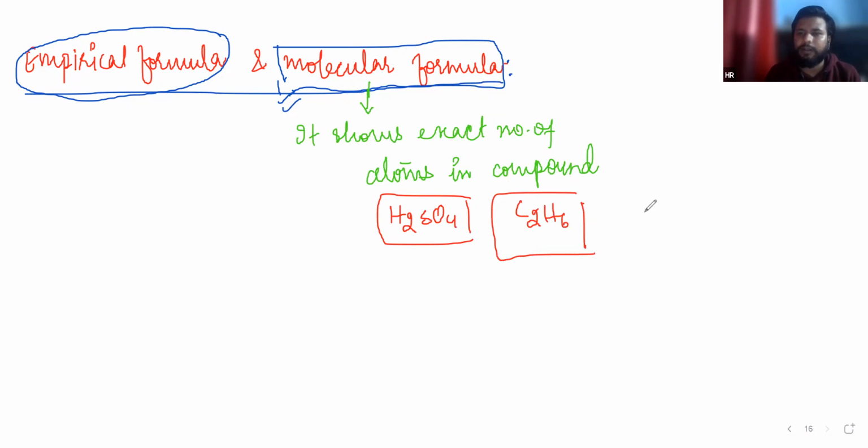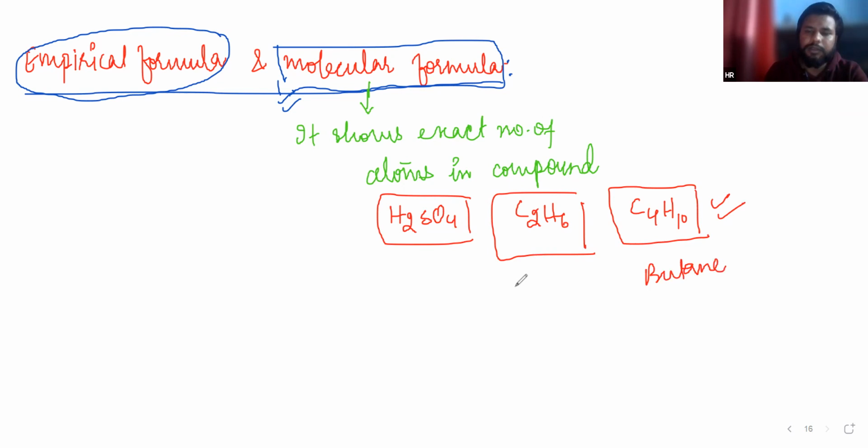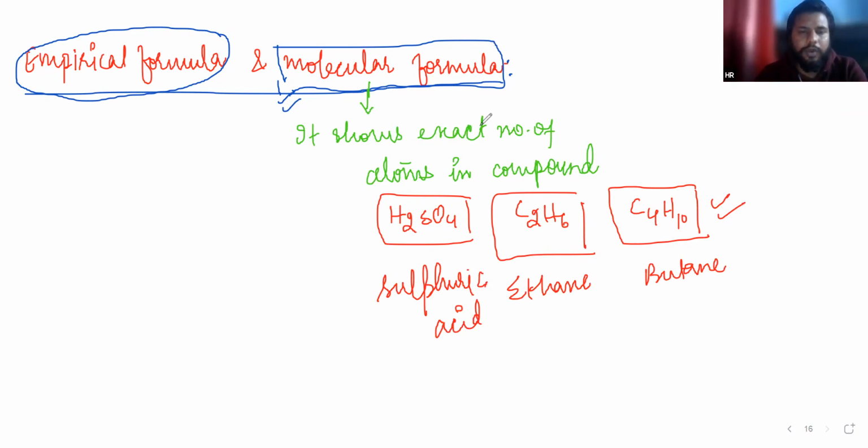If I have written C4H10, that is the molecular formula for butane. Sorry, it's butane. This is butane. This is ethane. This is sulfuric acid. So you need to see the exact number of atoms. Whatever the formula, if it is showing the exact number of atoms, it is a molecular formula.